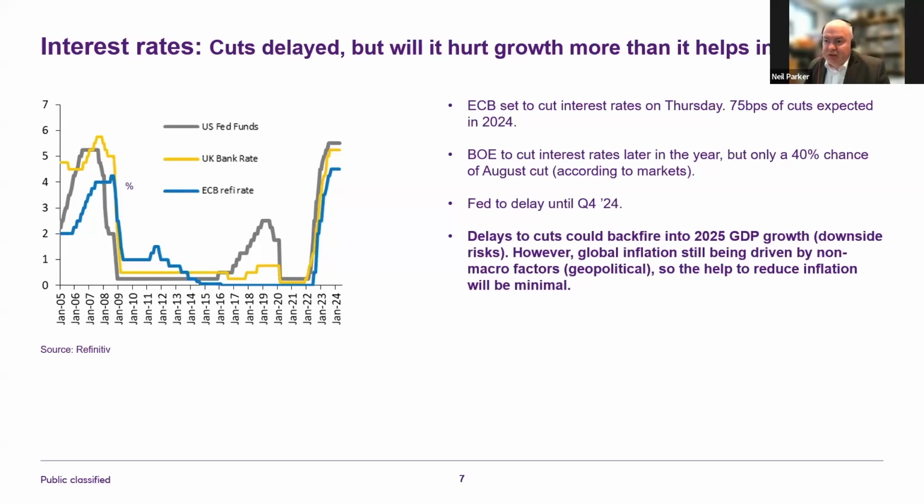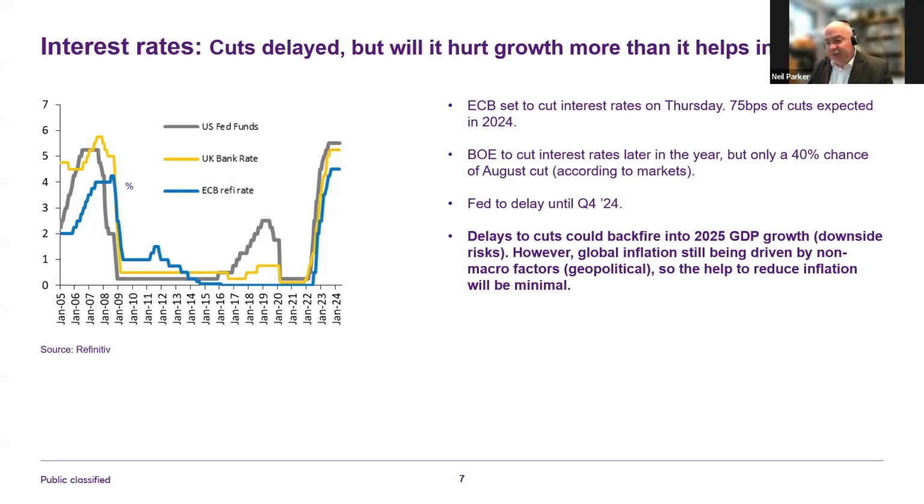There's also going to be a lot of focus on geopolitical and political factors, and the longer that we go through this year without any interest rate cuts from the US, the more that things like the US presidential election will start to feature as a potential factor preventing rate cuts from the Federal Reserve.